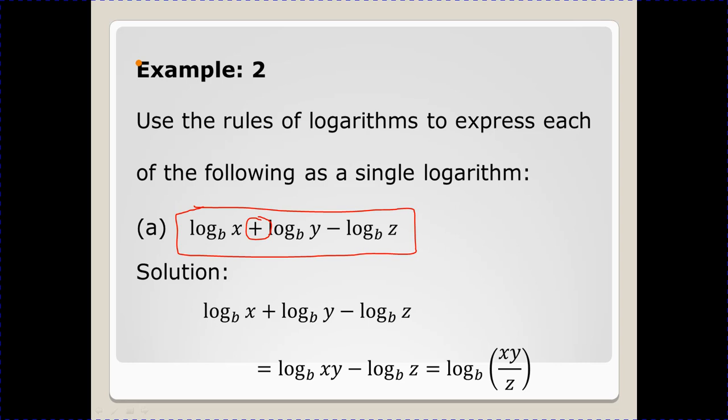So I'm going to write it as log xy divided by z. So plus turns to multiplication, minus turns to division. So log x plus log y minus log z, all of them with the same base b, equals log xy over z at the base of b.